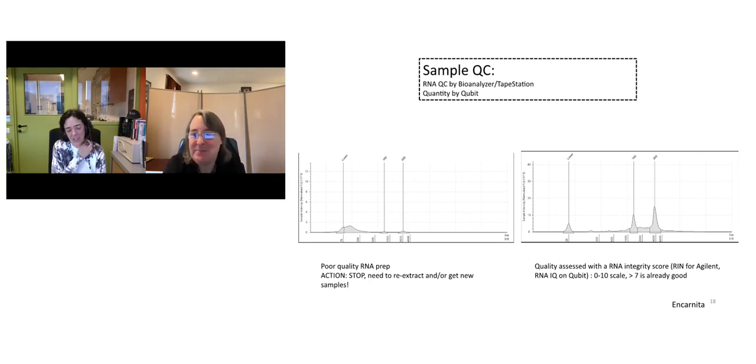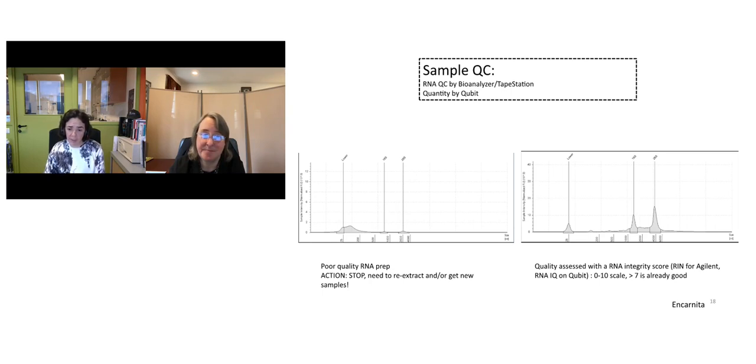So yes, the first step in the QC is to check whether your sample is of good quality. So if you are going to start with RNA, you must ensure that you have RNA in your sample and that this RNA is of good quality. So one way to do that, and here it's illustrated by these two graphs, is by using a Bioanalyzer or TapeStation, which are tools that allow you to identify two major peaks.